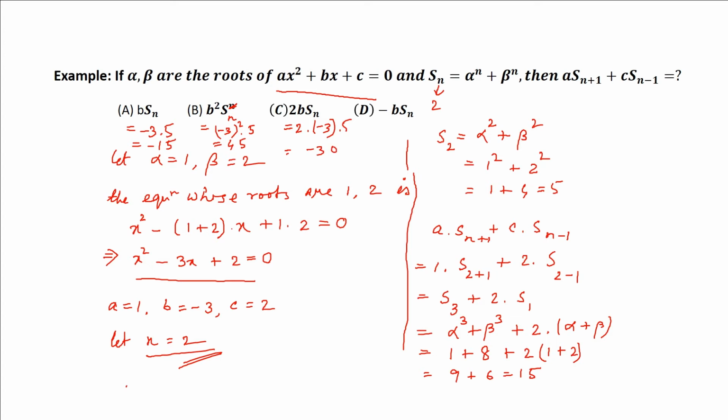Under D, minus b, that means 3, into S2, that means 5, equal to 15. So under D you get the value 15, and here the value of the expression equal to 15. So D is the right answer.